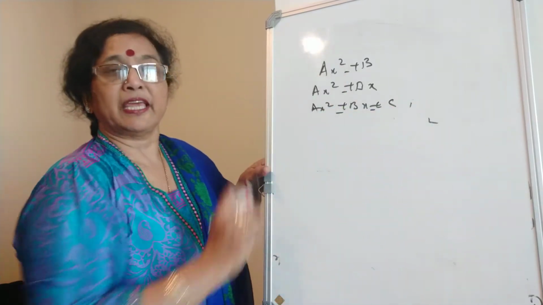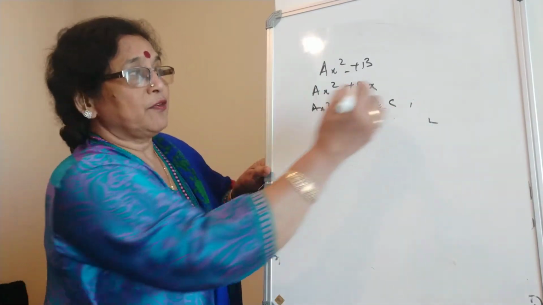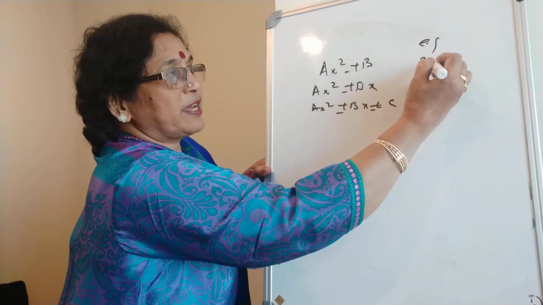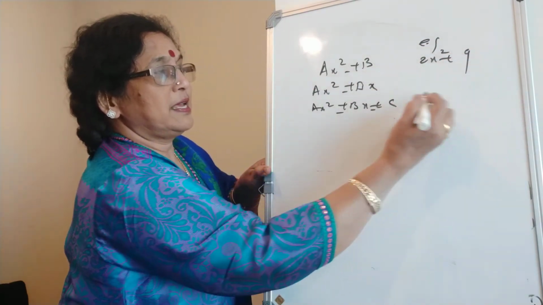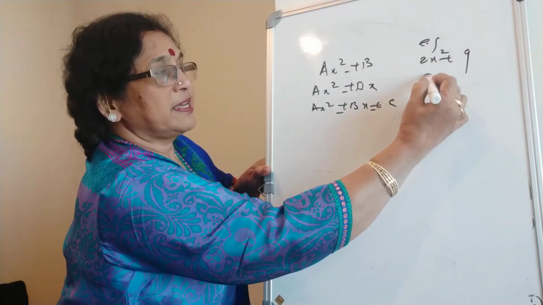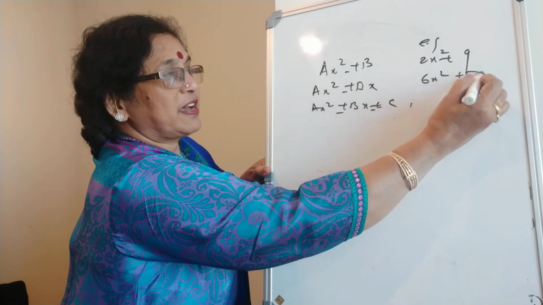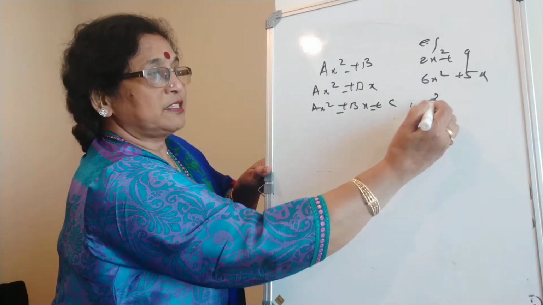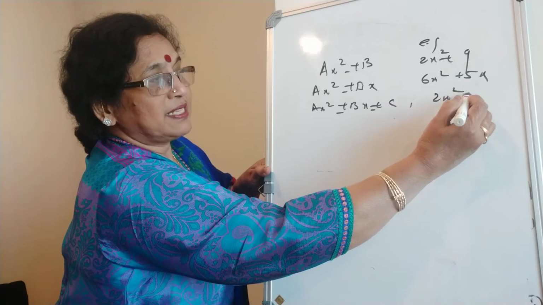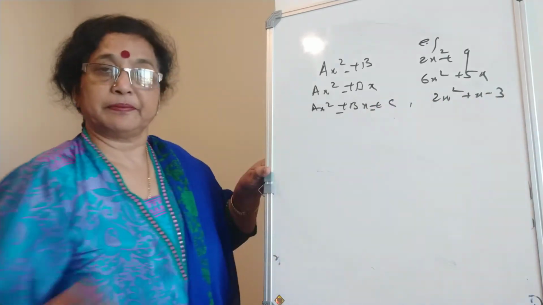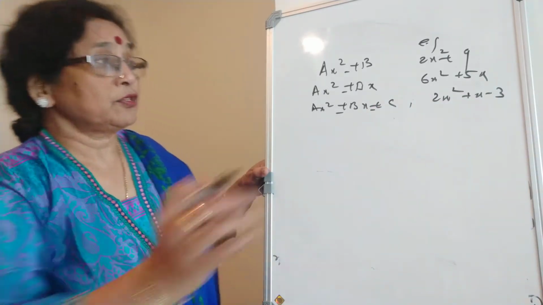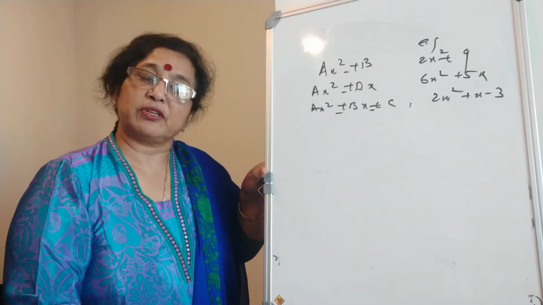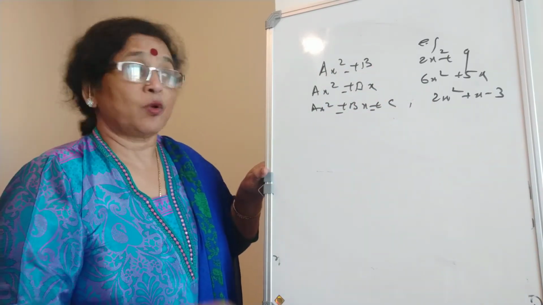Meaning, for people who don't understand, for example, you have 2x square plus 9, and this type is say 6x square plus 5x, and say this is 2x square plus x minus 3. Okay. So these are the quadratic expressions.